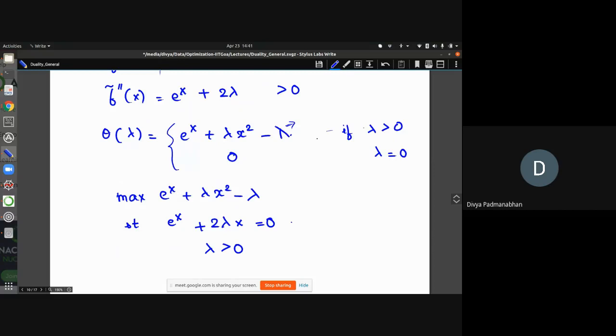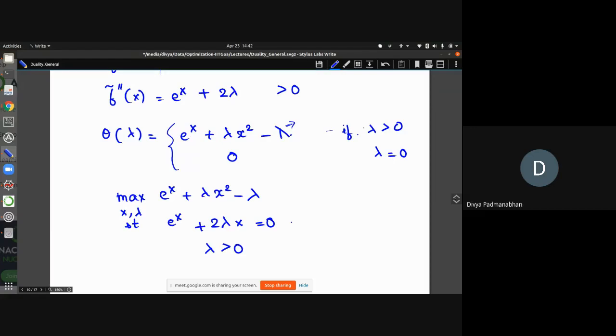So the dual is actually just this, and here the variables are x as well as lambda. You solve this problem, and the dual objective is the max of this optimization problem's objective value and 0. This illustrates that sometimes your dual will involve the primal variables also. It's not that you will always get a nice form which includes only the dual variables.